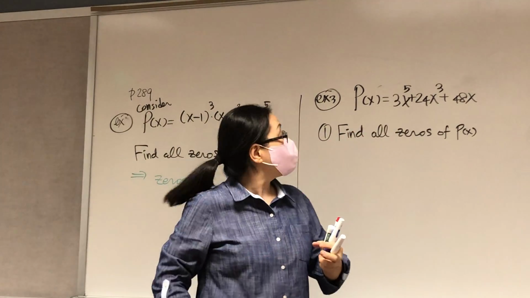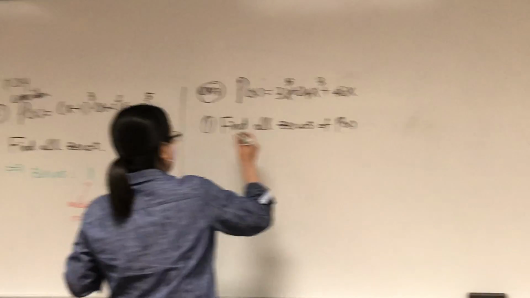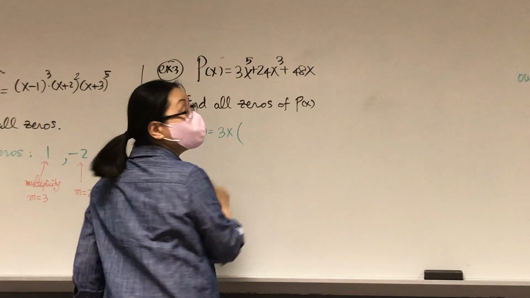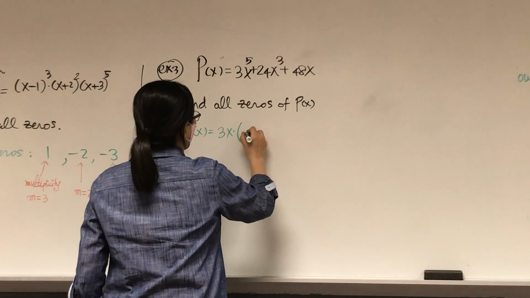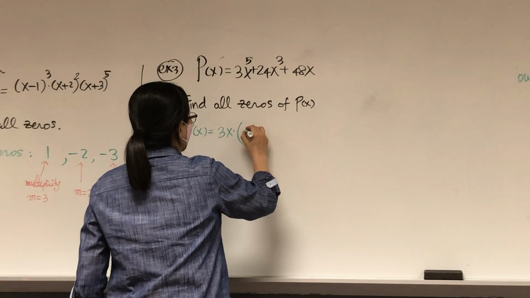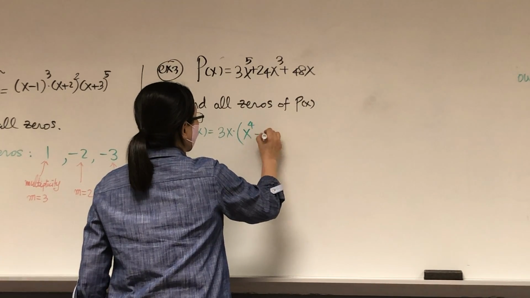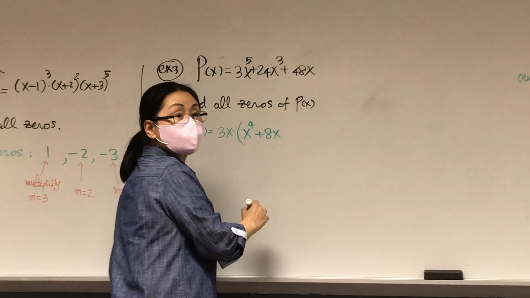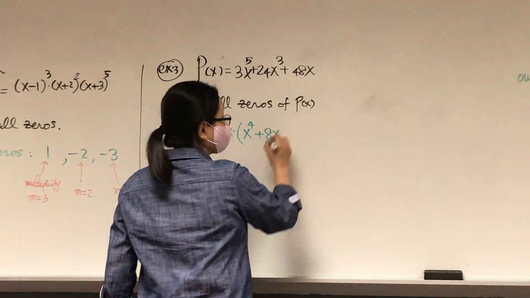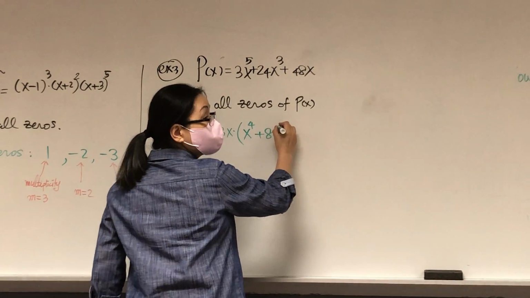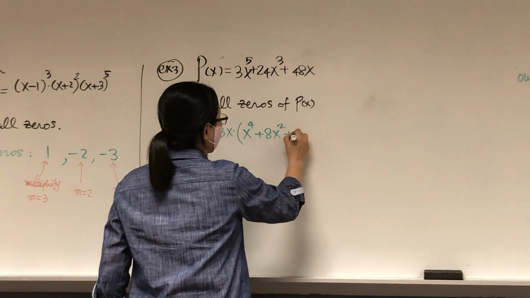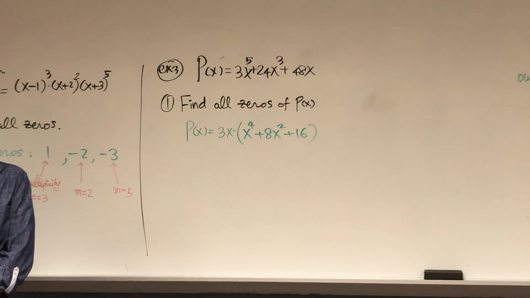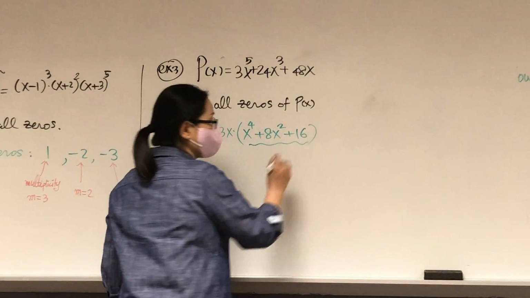Anyway, at the beginning, what is the common factor? 3x, and then factor it out. And then what is the remainder? This one needs to be broken down more, right?